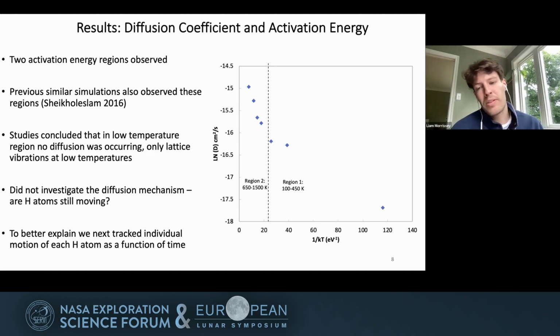The problem is that while these studies made this finding, they didn't actually investigate the mechanism of the diffusion and were unable to answer the question of, are we just seeing limited motion or are we seeing no motion at all? So we wanted to better explain what was going on here by tracking the individual motion of each H atom as a function of time.